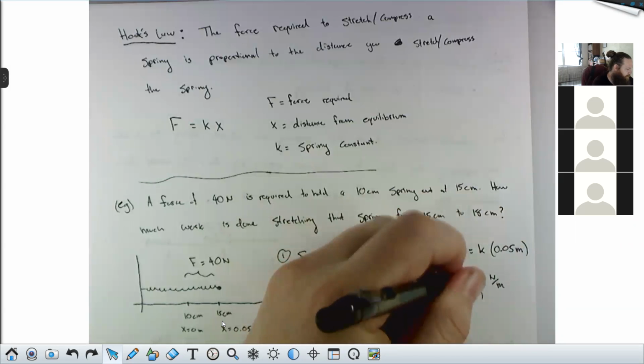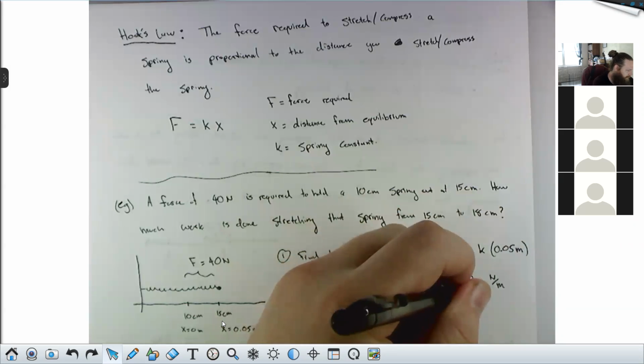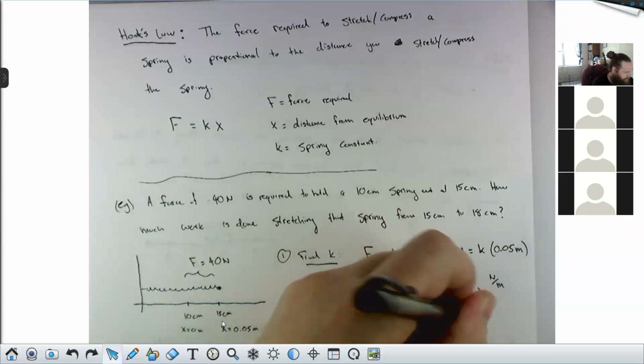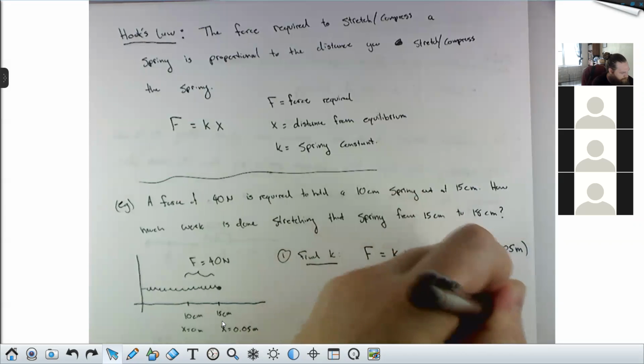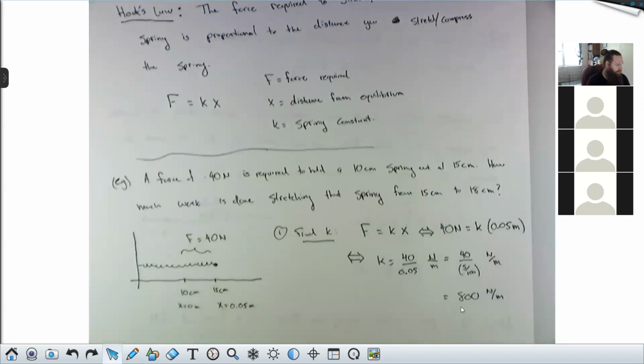What is 40 divided by 5? That's 8, and 8 times 100 is 800. So that's my spring constant. K is 800. Again, it's wise to keep track of the units, but not necessary.